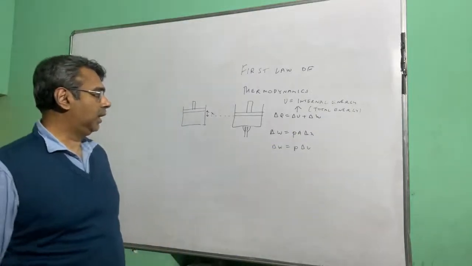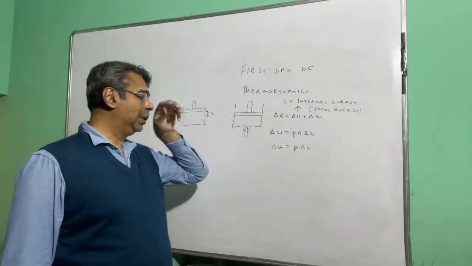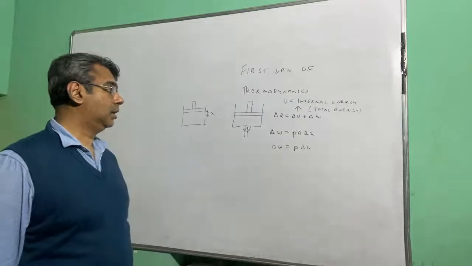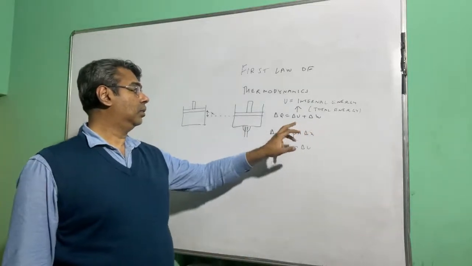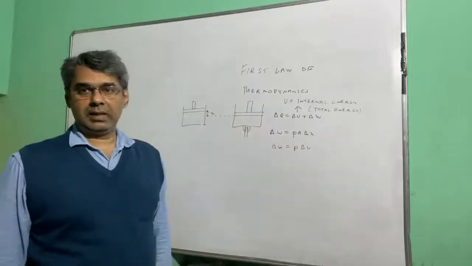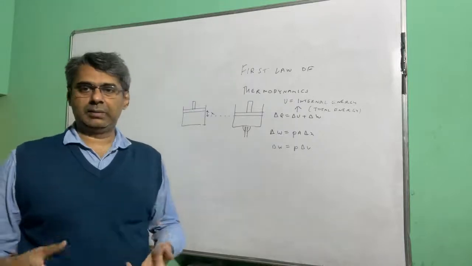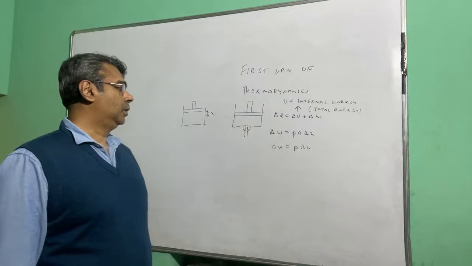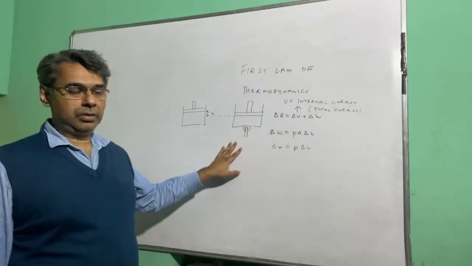So you are supplying some heat to the gas, that is Q. U is the total energy of the gas, that is internal energy, and W is the work done by this gas. It can be something, so generally we can call it a system. So you are supplying heat to the system.